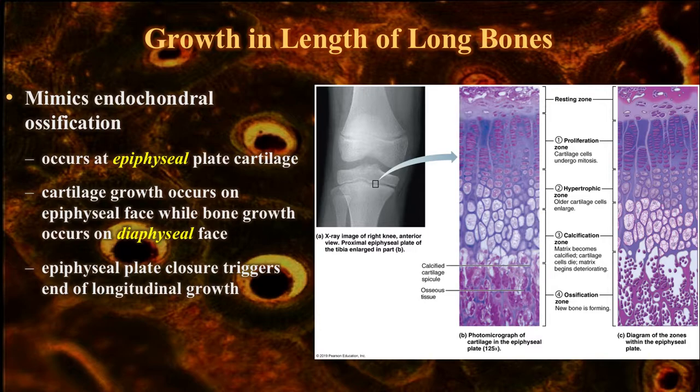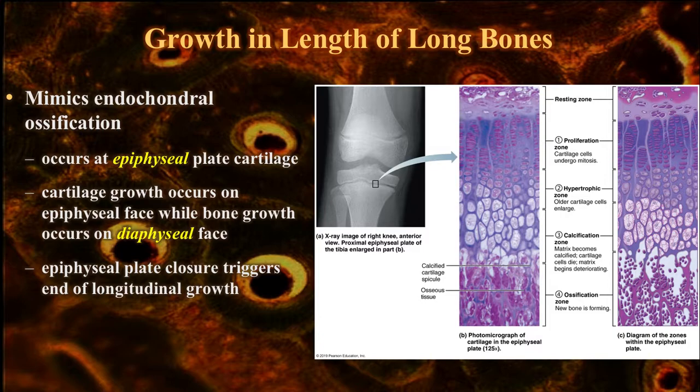So on this side, cartilage is growing. On the other end, the side that's closest to the diaphysis, the process that's happening is the cartilage is dying and being replaced with bone.